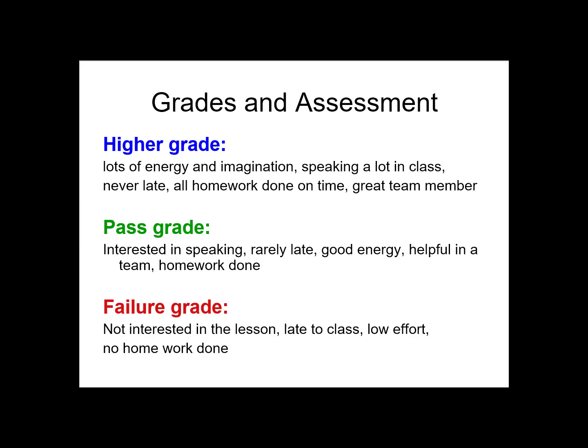Okay, so this is normally for the classroom, but it still means that if you put lots of energy and have imagination, sozo is imagination, speaking a lot, doing the homework is the main thing. Okay, pass grade: interested in speaking, rarely late, good energy, helpful in a team, homework done. So again, homework, and see if we can have some speaking, we'll get a pass grade.